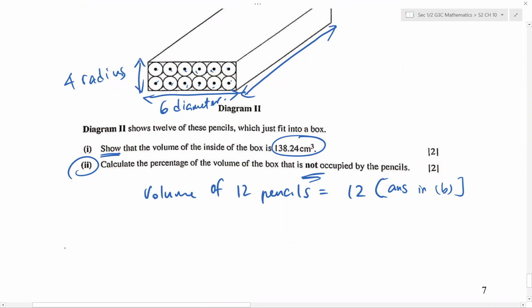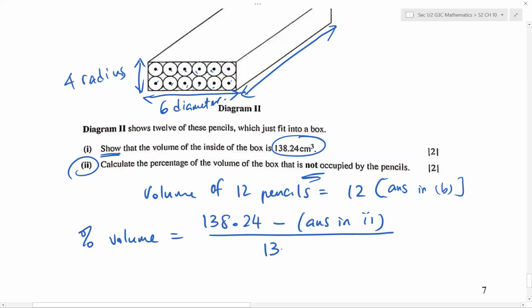Or actually, we can just write out the final answer already. Percentage volume will be our answer in part 1, 138.24 minus answer in part 2, divided by total space times 100%. And get the answer, round off. So this will be in percentages.